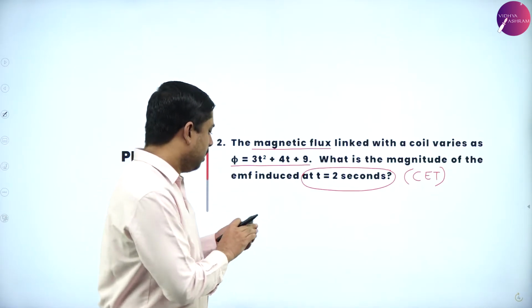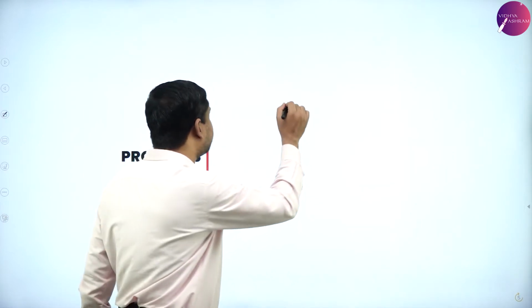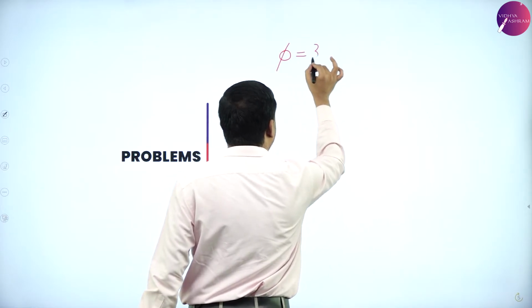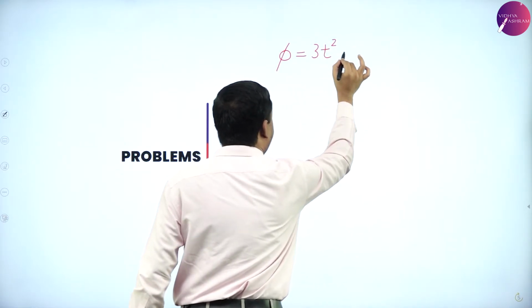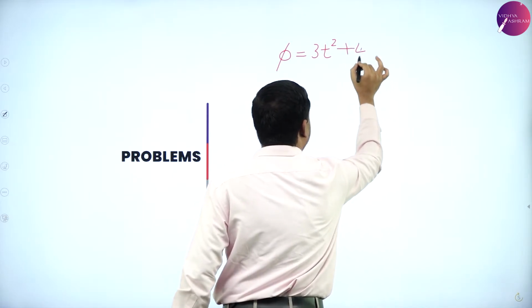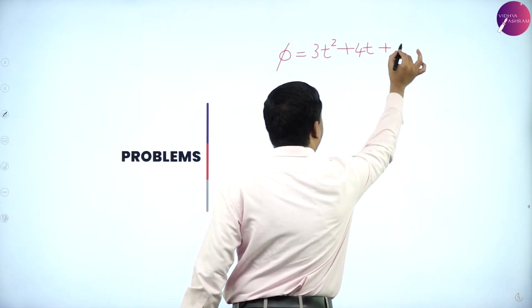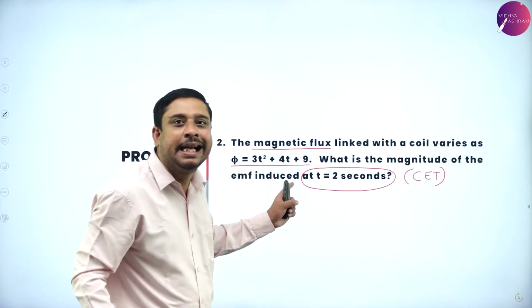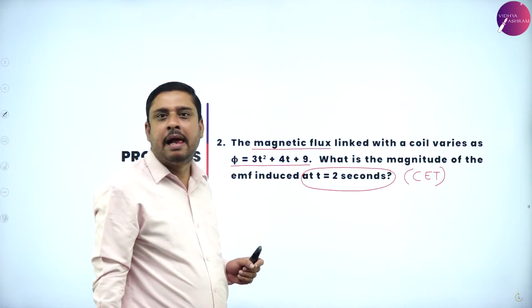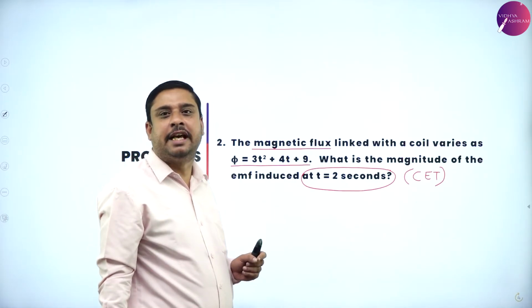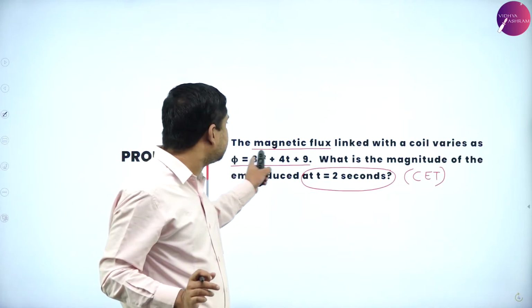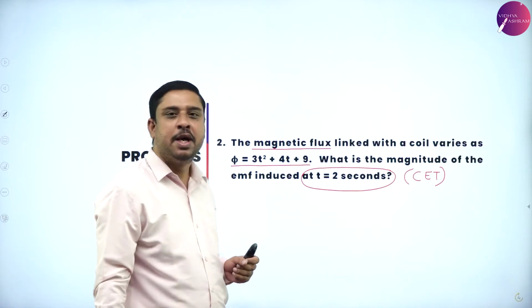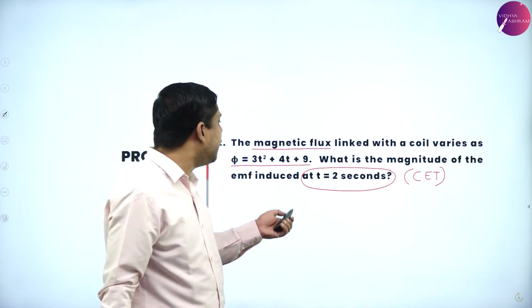Now, the problem says phi equals 3t square plus 4t plus 9. So the flux linked with the coil changes as phi equals 3t square plus 4t plus 9.